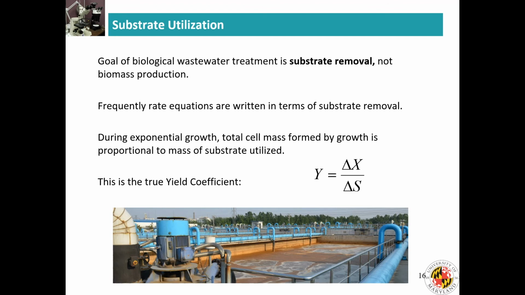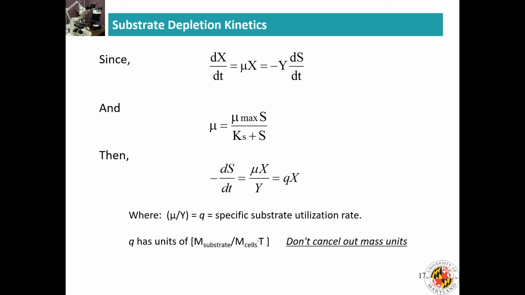So under exponential growth phase, the cell growth or changes in cell concentration is proportional to the mass of the substrate utilized. So we can use this ratio of changes in cell concentration over substrate utilization, which is called Y, or yield coefficient, in our equations. So now we want to add the true yield coefficient, which accounts for substrate utilization, to our previous equations.